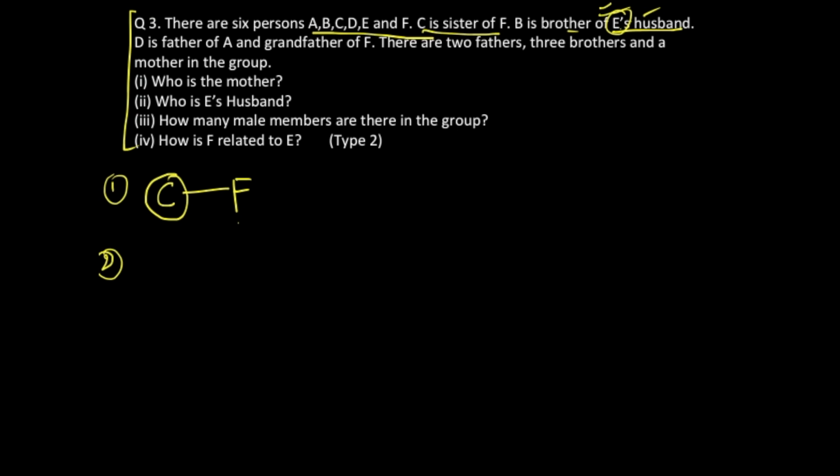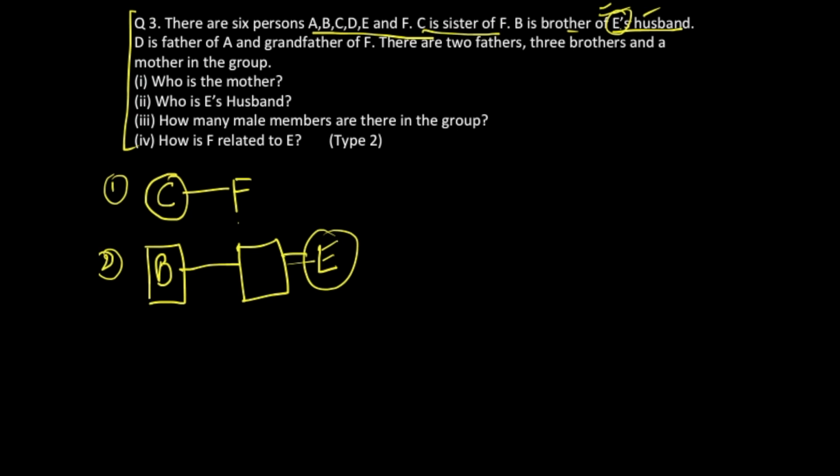So this is the information in the second statement. So B is brother, so B is male and he is brother to E's husband. So E's husband is going to be some male, we don't know who that is, and this male is married to E. So this is the information we have obtained from the second step.